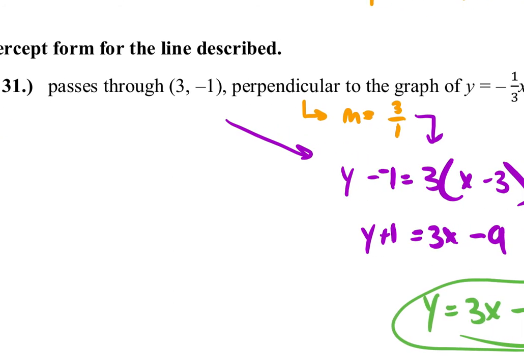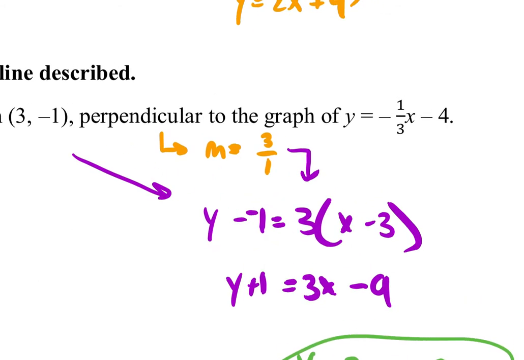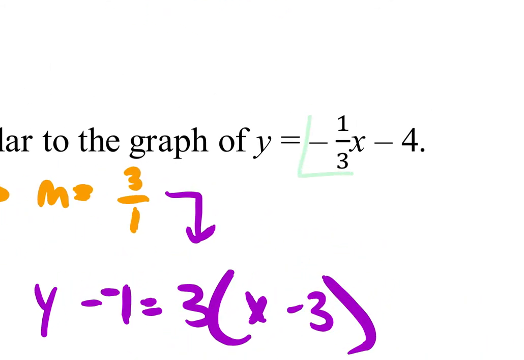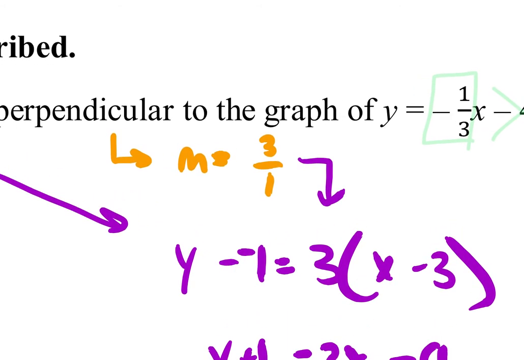This one tells us a point to pass through and that we're perpendicular to this graph. The only thing we need from this is the slope. We don't care about its y-intercept, because perpendicular is when you have opposite reciprocal slope. So opposite means the slope here was negative, so ours is positive, and the slope here was 1 over 3, so ours is 3 over 1.